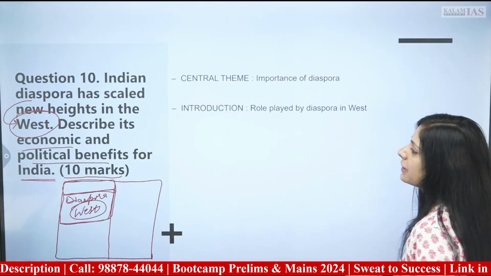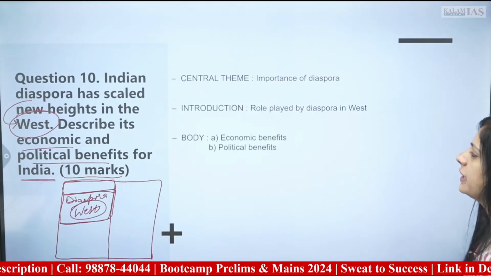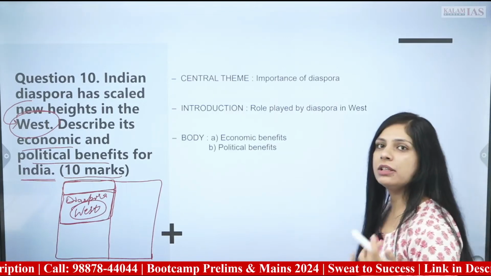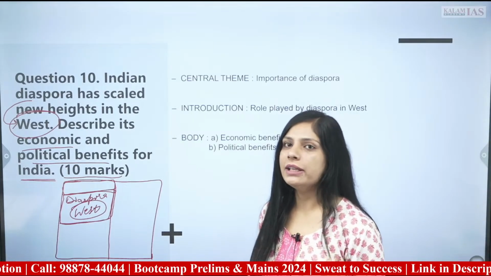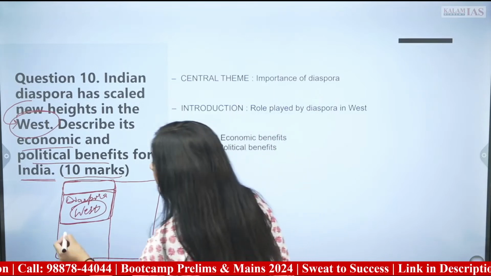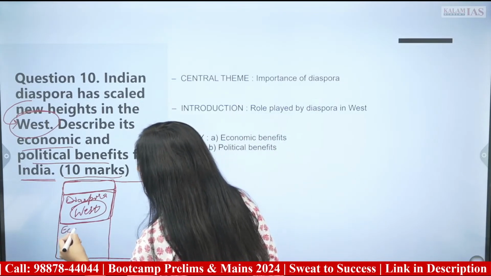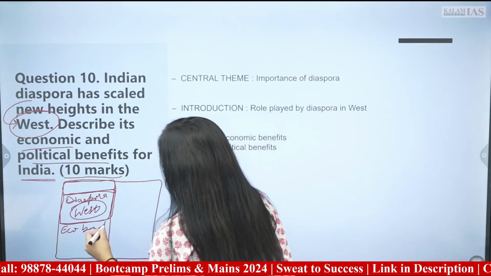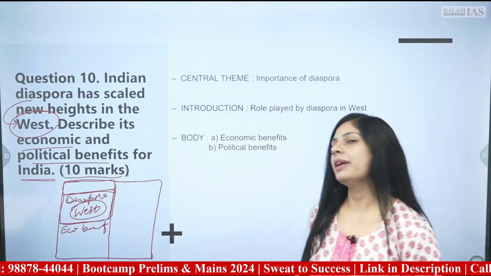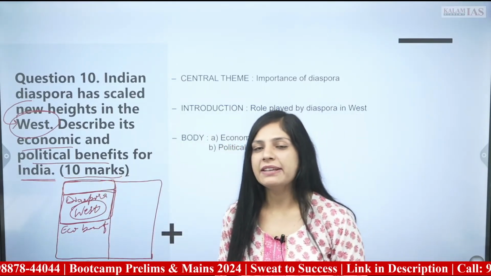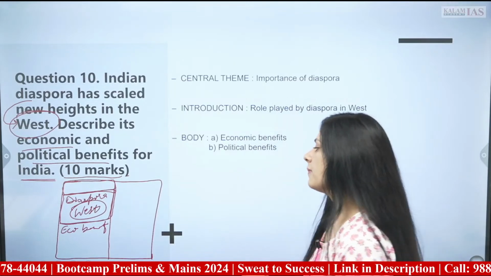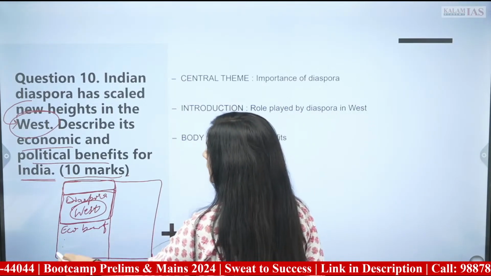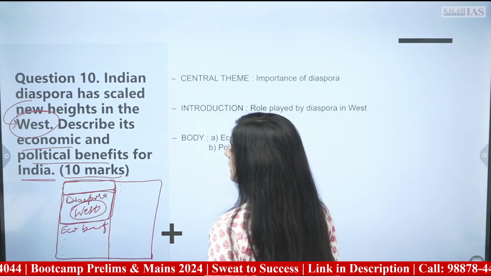So the two parts, the economic and political benefits, would come in the main content, the body. So you can give a heading here, economic benefits. It's a 10-mark question, so you can write 5-6 points each. It can come up till here, right?